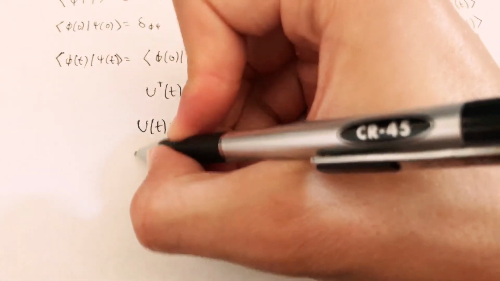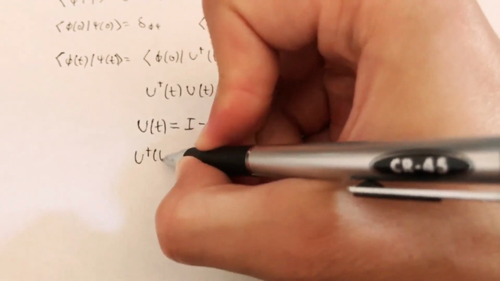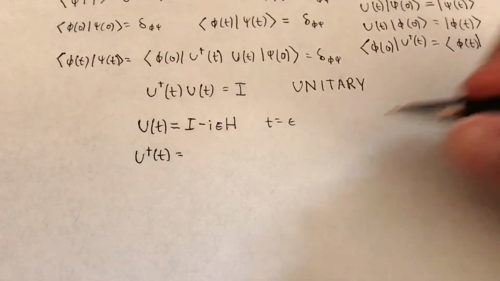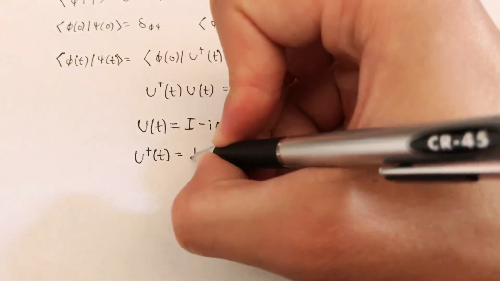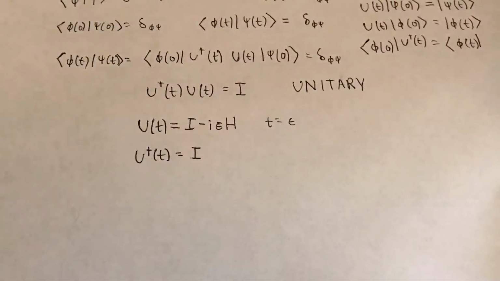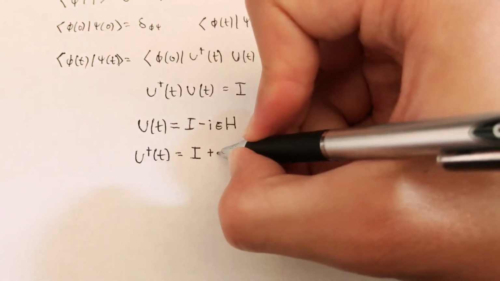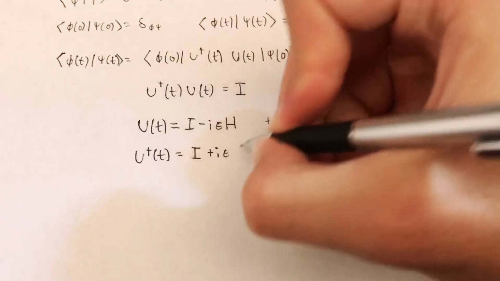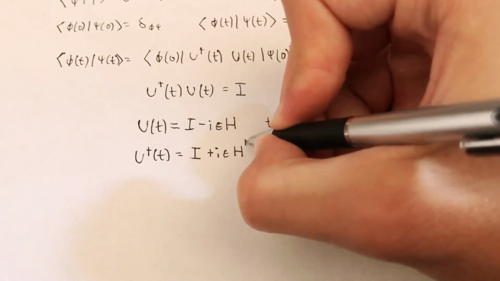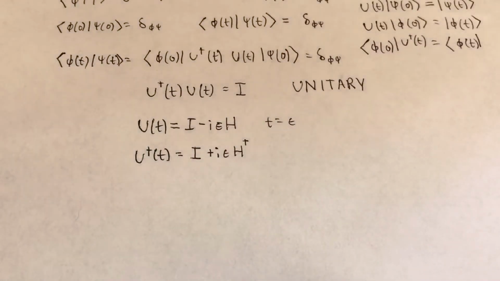We can also write the Hermitian conjugate of this equation. The Hermitian conjugate of the unit operator is just the unit operator. We have to conjugate the complex term and conjugate H, whatever operator that may be.